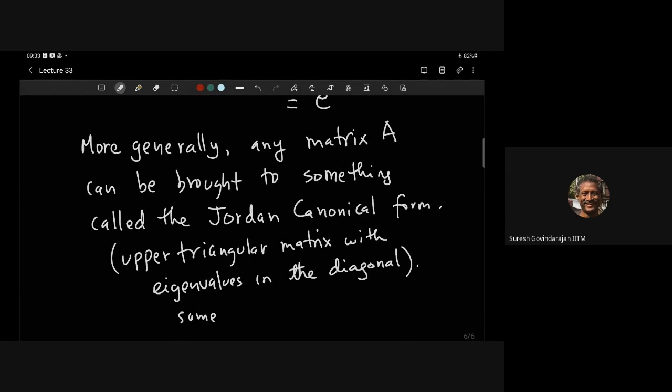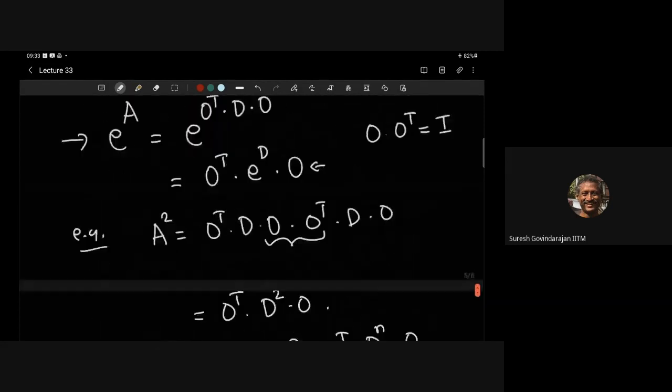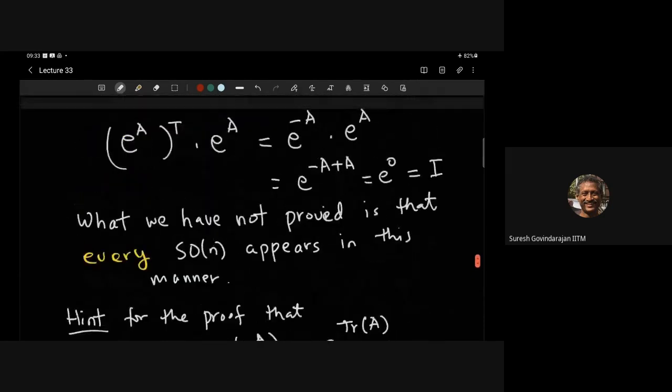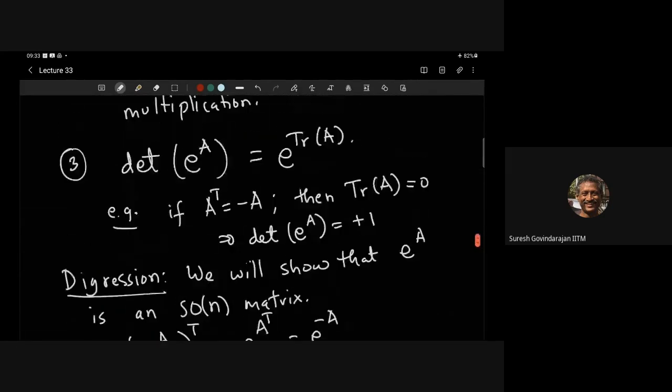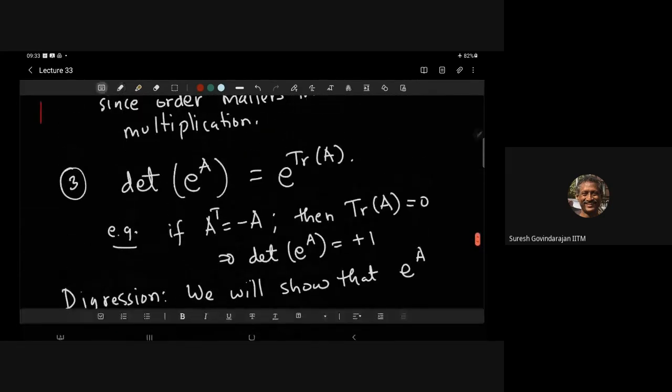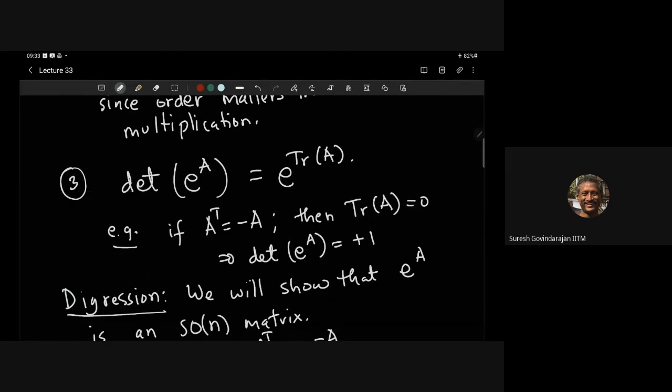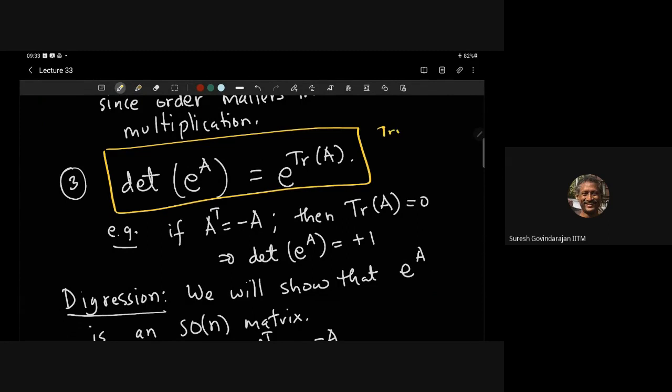So this formula that we have written, property 3, is true for all matrices. Is the point clear? Yes, sir. Okay, good.